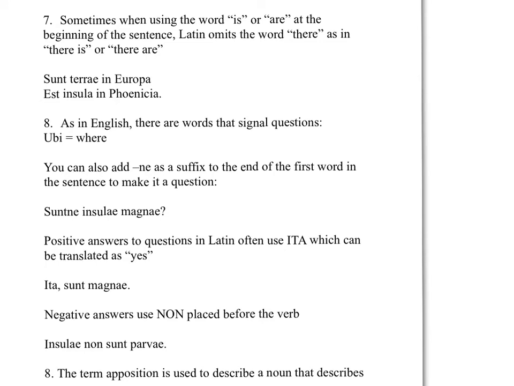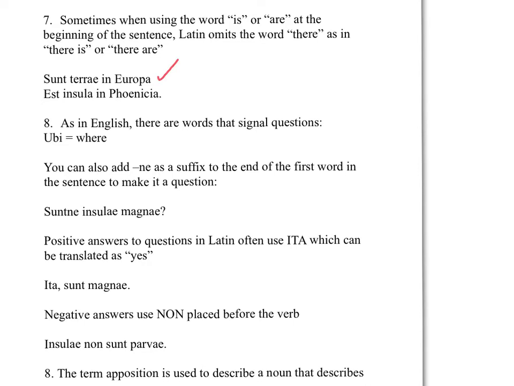The seventh point that the textbook makes in Chapter 1 is that sometimes when using the word is or are, or any form of the verb to be, at the beginning of a sentence, Latin can omit the word there, as in there is or there are. Look at the example. Sunt terrae in Europa.